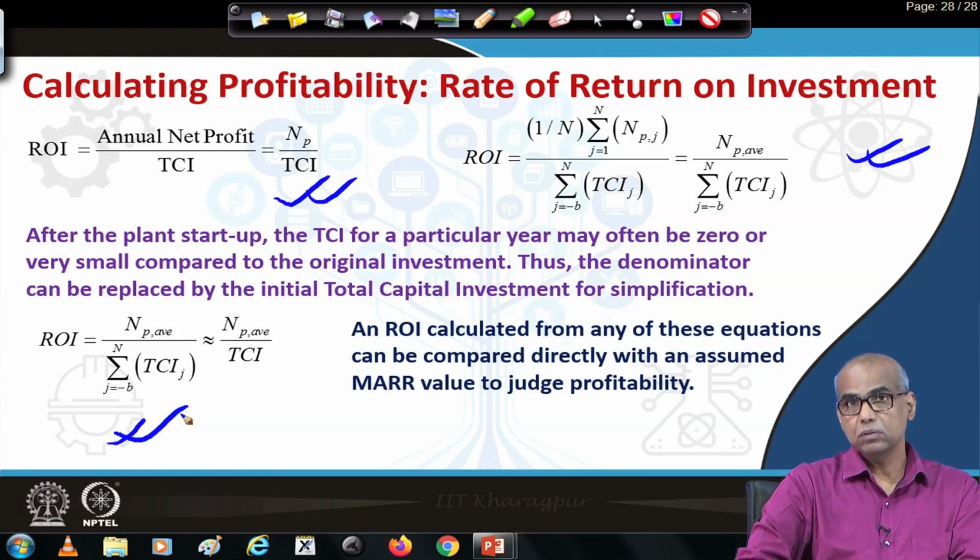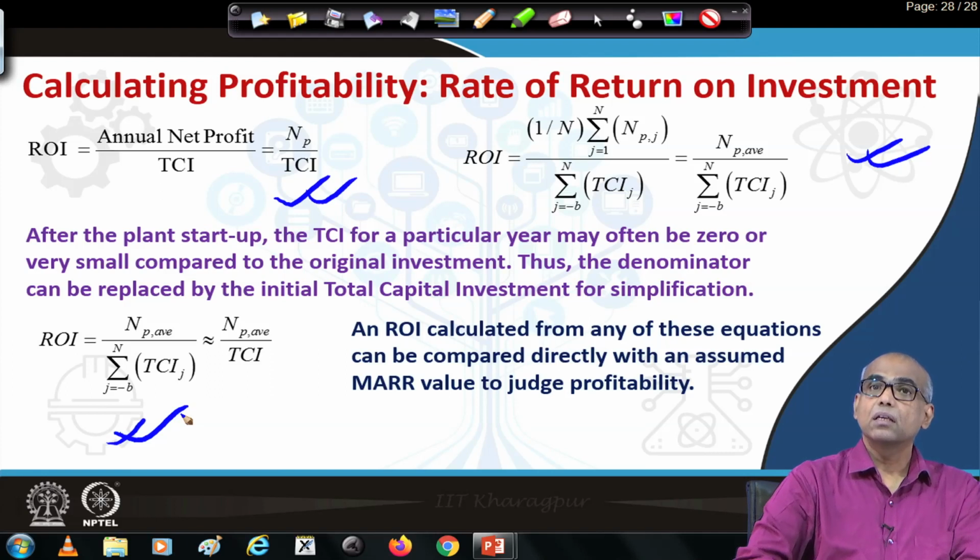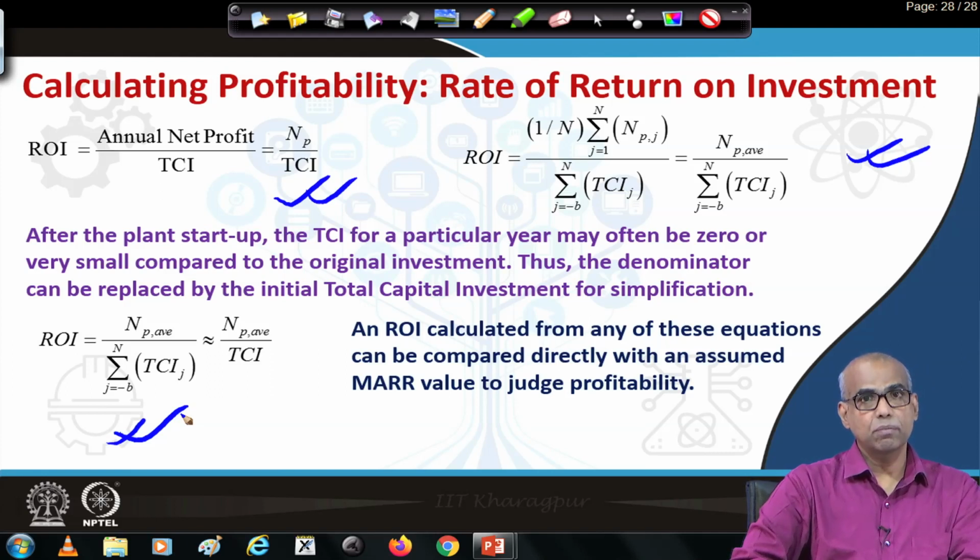It can be assumed judiciously, or you can look at the table that we have seen in our previous lecture and select some value, or from your past experience in the company for a similar project, you can also choose or assume some value for minimum acceptable rate of return.